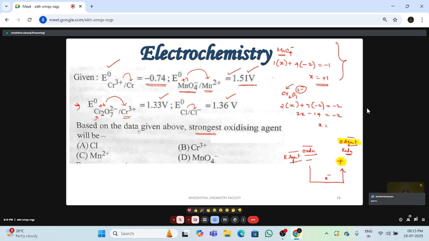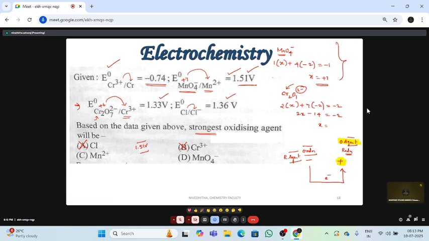Very good. 1.51 is the more positive value, which means option 1 is ruled out. It is for chlorine. And option 2 is also ruled out. So this 1.51 is for MnO4 minus and Mn2 plus also. So from C and D, we have to identify which is the right answer.